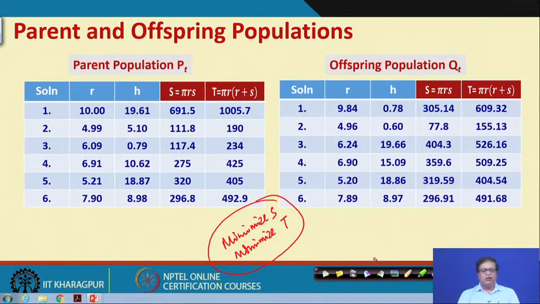Sometimes a little bit of elitism is done where we do not do so many crossover and mutation, we do maybe for 4 and 2 we directly bring from parent population, the best ones. But here we do not do that. From the 6 parent population we generate the 6 offspring, and out of all the 12 we try to get the non-dominated solutions into our next generation.